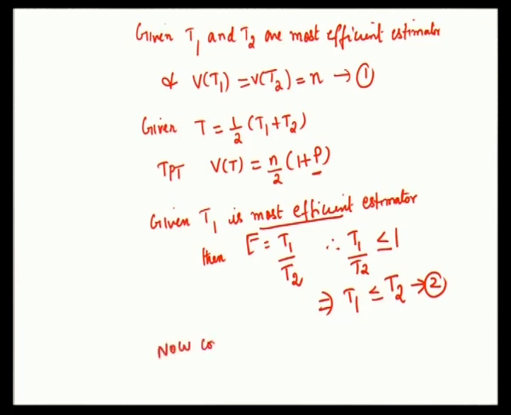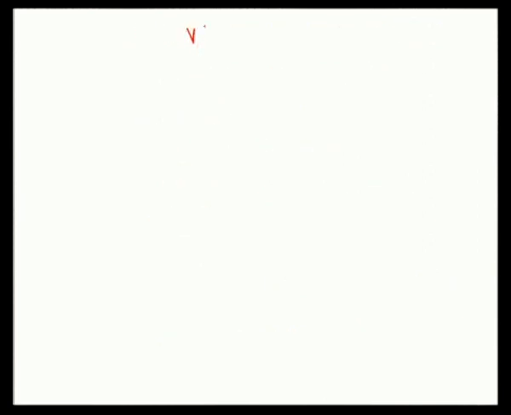Now, consider T is equal to T1 plus T2 into 1 by 2. Consider variance of T, which is equal to variance of half of T1 plus T2.